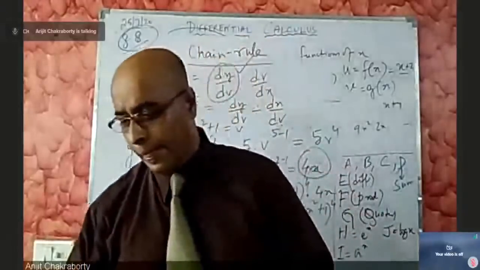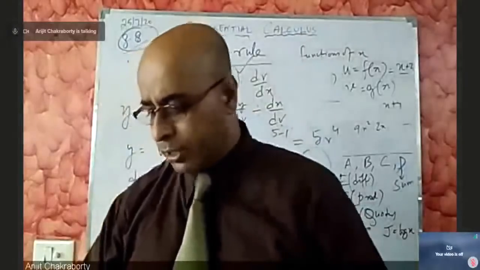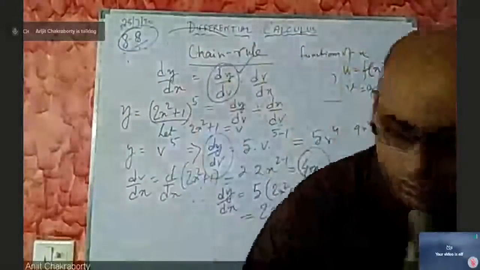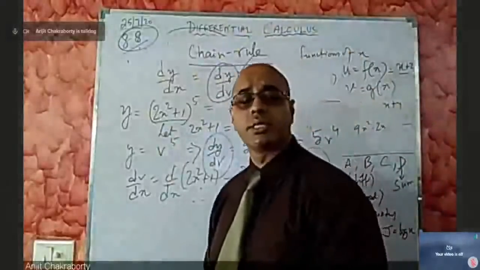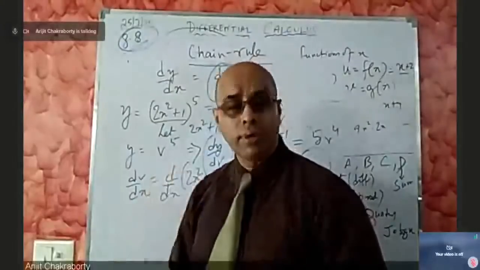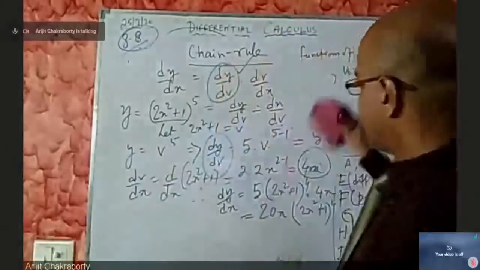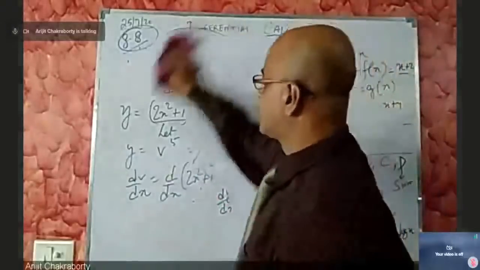Fine. Let me take now logarithmic differentiation, another small part. After that, we will go to the last part, which is the applications of differential calculus in economics and business. We have done the chain rule as well.